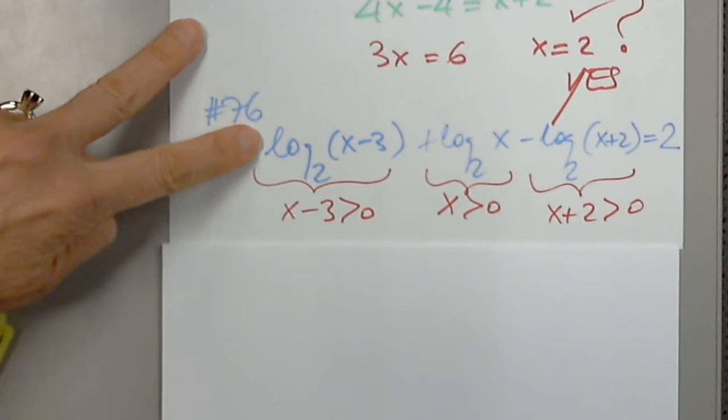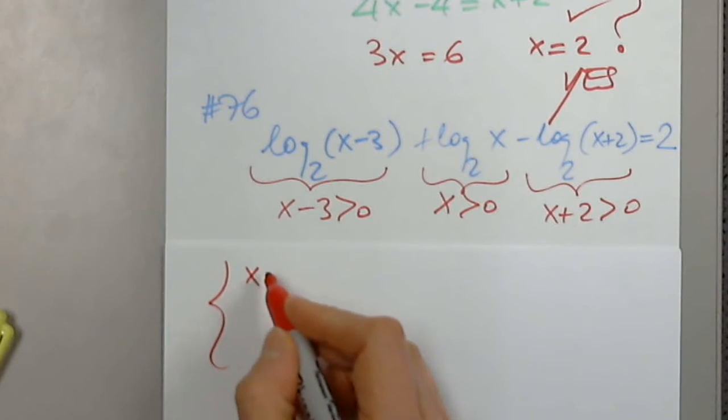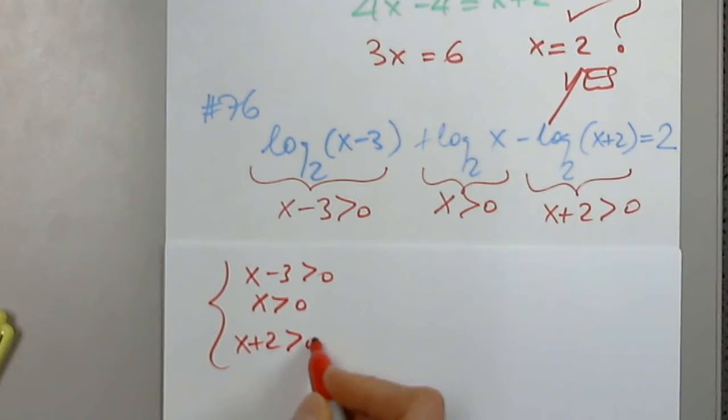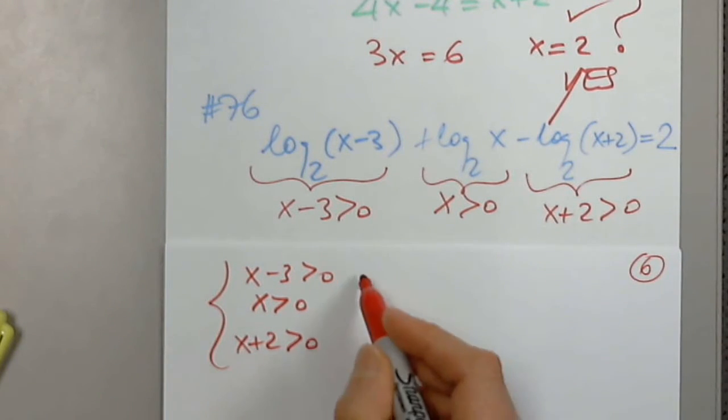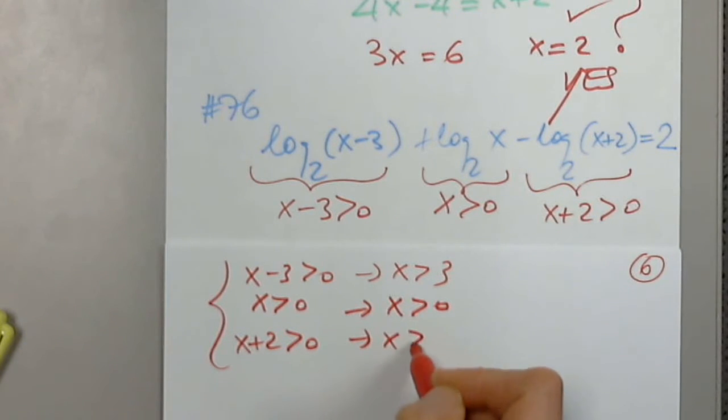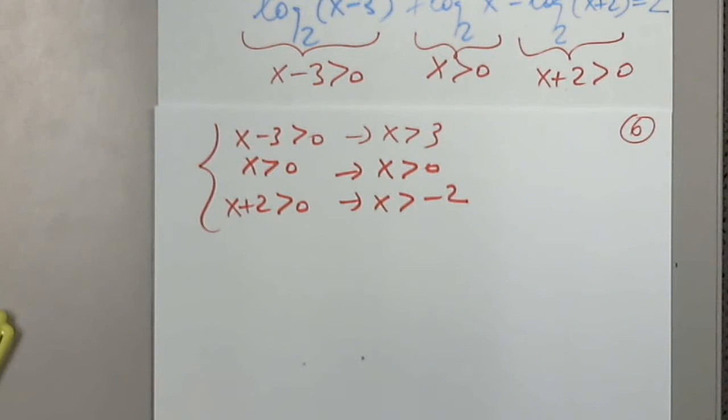I'm going to put these three together. x minus 3 greater than 0, x greater than 0, and x plus 2 greater than 0. And I will solve all of them like I did before. I will graph all of them on the same coordinate system and find the common domain in order to establish where the solution should be.